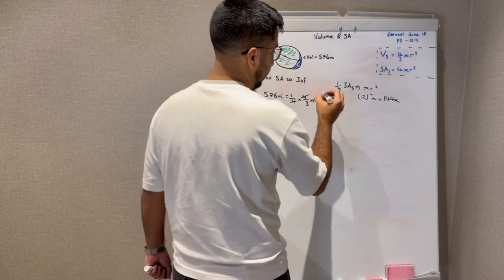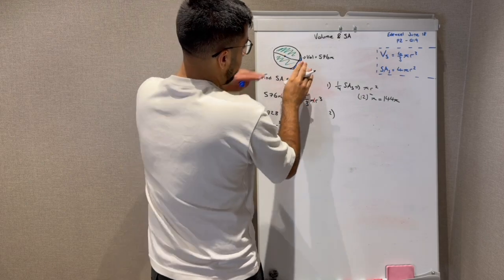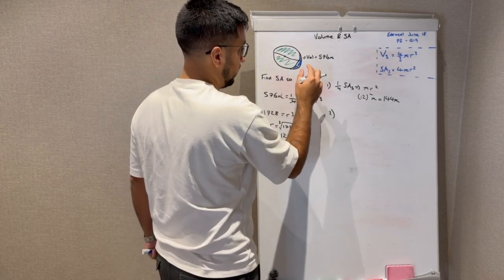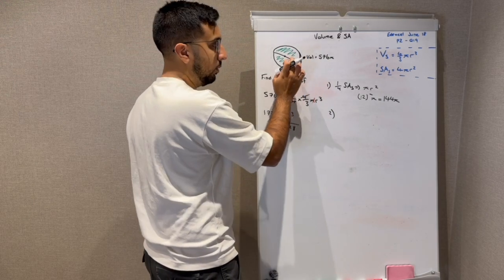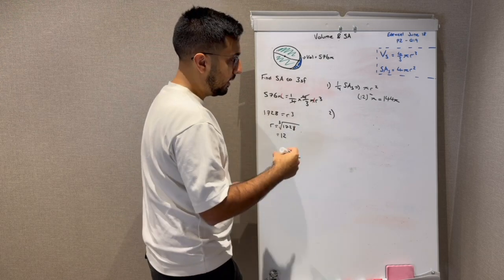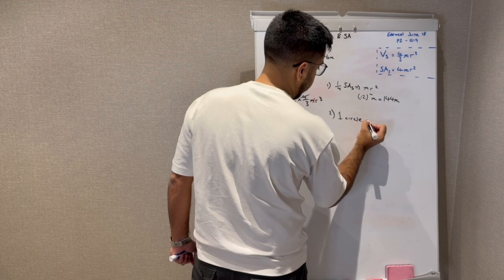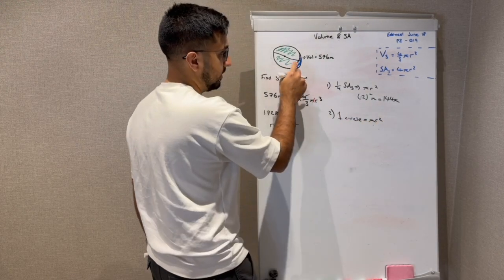So now the green bits. If we just ignore this, that, and maybe from the actual diagram, you can see that's half a circle. And it makes sense why it's half a circle. And if that's half a circle, that's also half a circle. So you combine them and you've got 1 full circle. And you know the area of 1 full circle is pi r squared. This has the same radius as this.